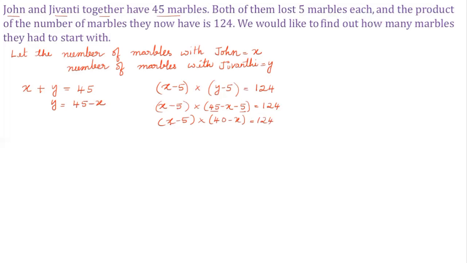Now x into 40 is 40x, x into minus x is minus x square, minus 5 into 40 is minus 200, minus 5 into minus x is plus 5x, is equal to 124.